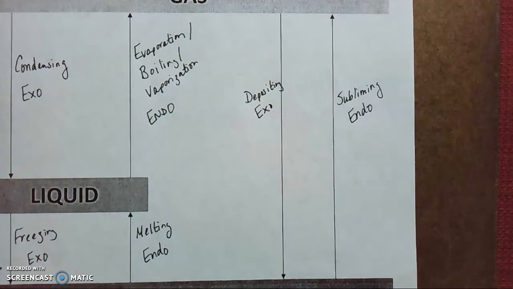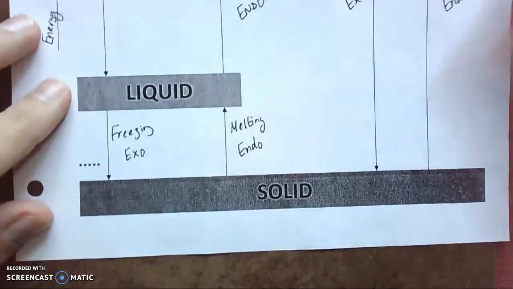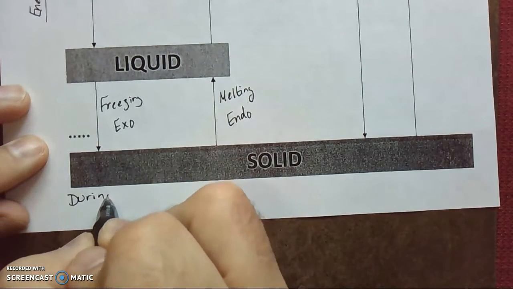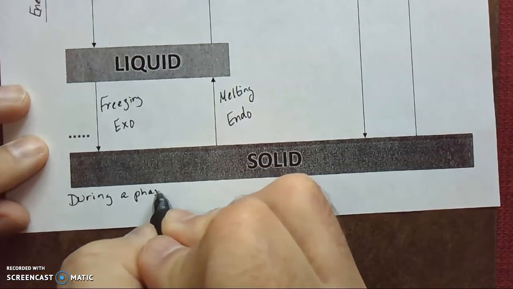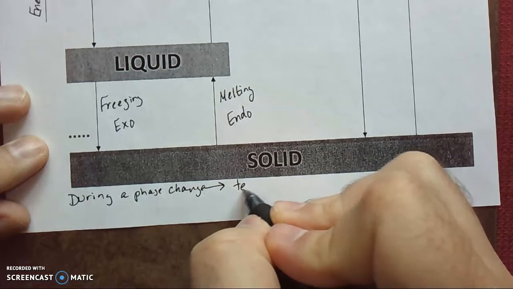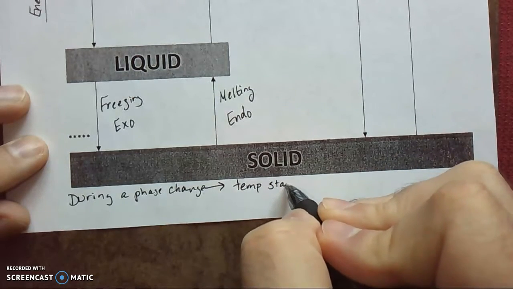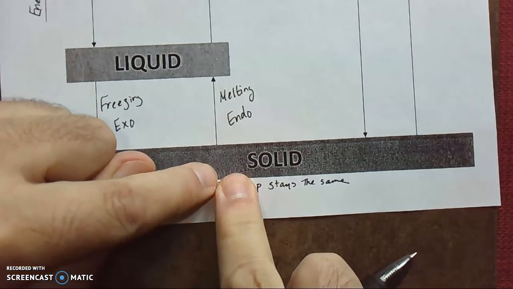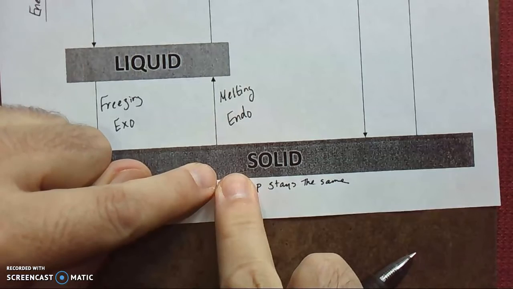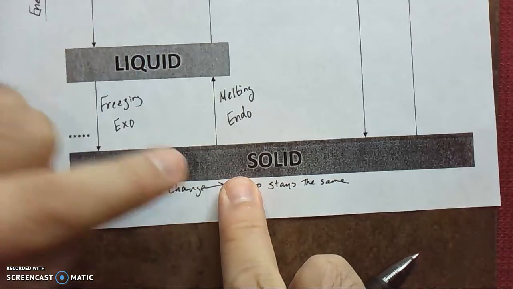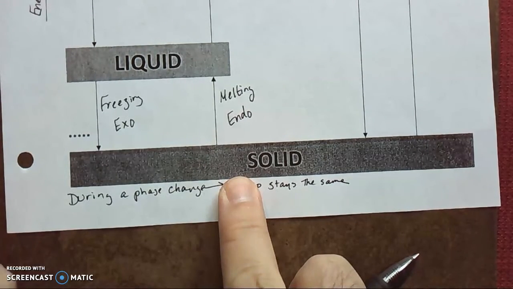Now the big thing here is, we'll write it right down here at the bottom. During a phase change, temperature stays the same. So if we take a solid and we're heating up the solid to, let's say that we have ice at 0 degrees and we're going to water at 0 degrees.